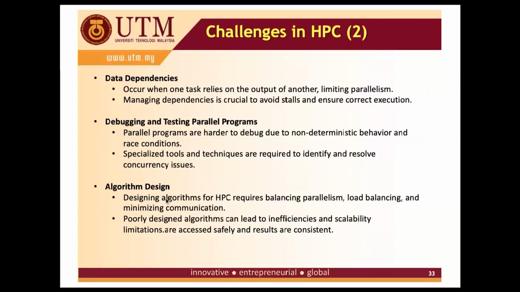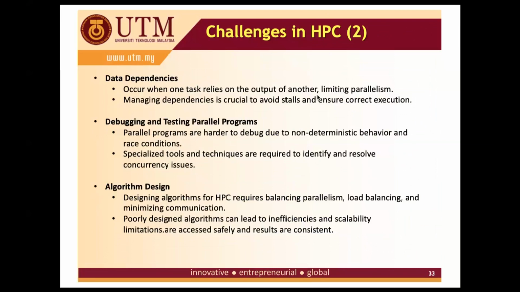So data dependency is another challenge that occurs when one task relies on the output of another. So this is another topic, I can say. Data dependency, if you want to go for the analysis, just that. And also one more thing, I want to make sure everyone chooses unique tasks or unique topics for them to publish their work later in that conference.